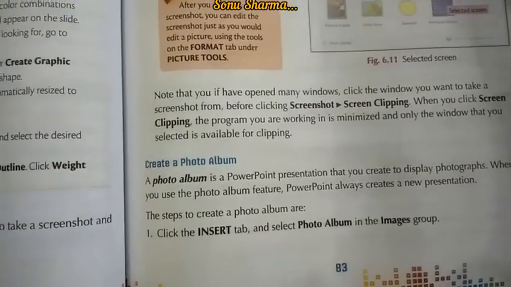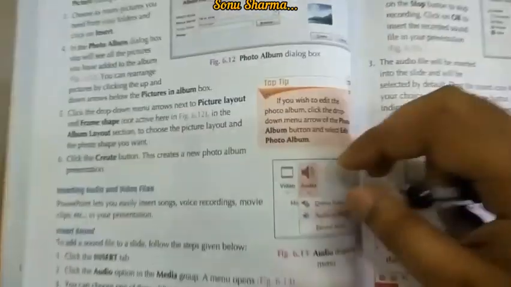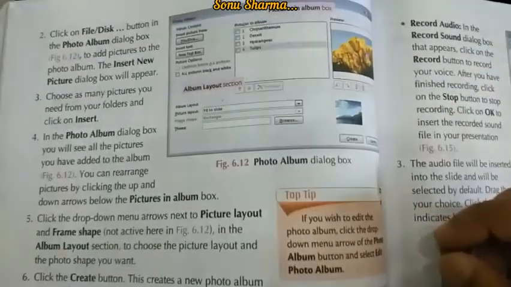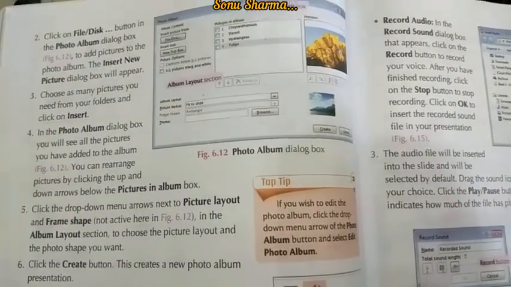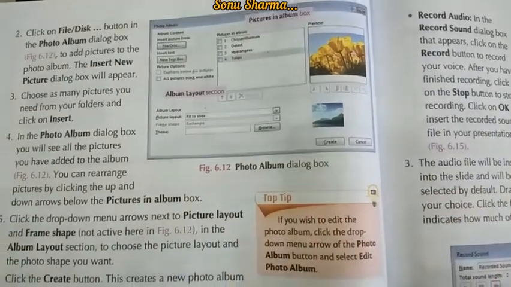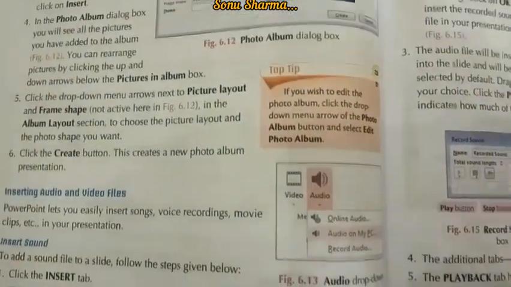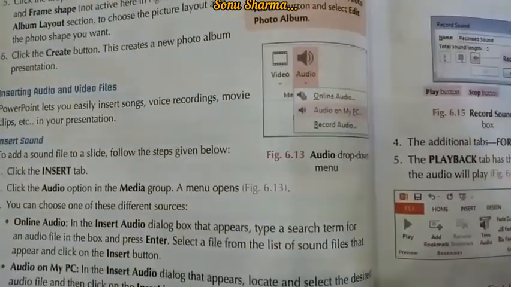That means different photographs will be there and it will create a photo album like this. You can see, this is the photo album. Here you can make the album box and put different pictures. We can add audio also, inserting audio and video files. So let's start.